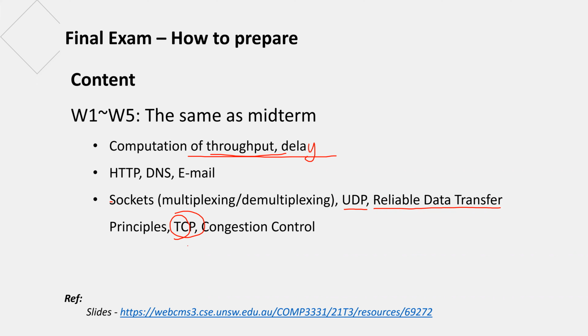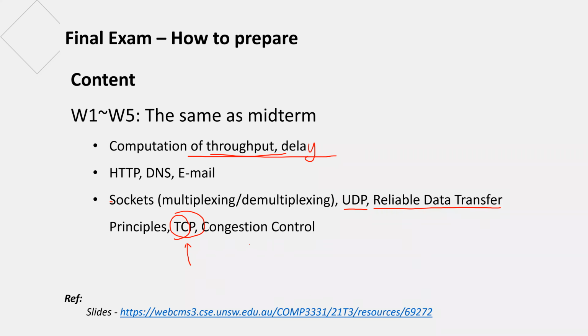And of course, TCP is the most important thing from week 1 to week 5. Just go through it, know the concept of TCP and how we establish a TCP connection.